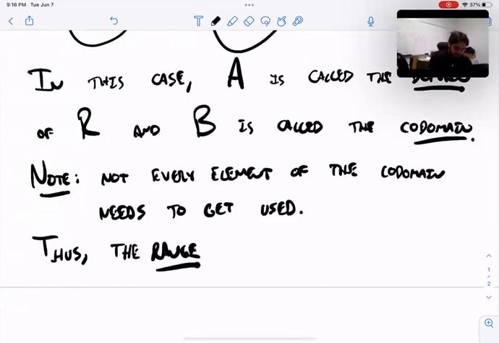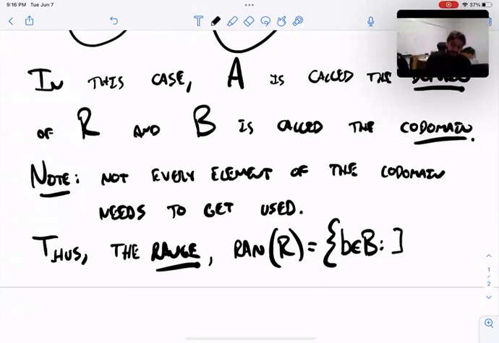The range, which we often write as range of R, is the set of all elements in B such that there exists an A in A with A related to B. So that's the set of all elements that actually get used.